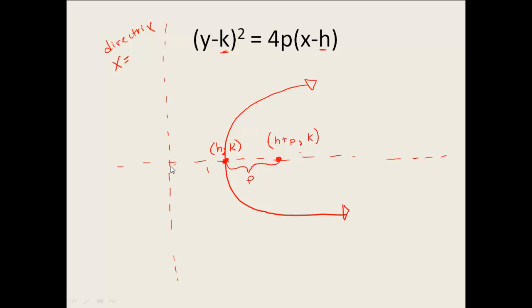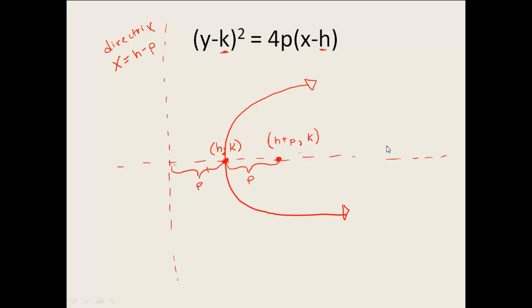Well, if you look at your definition of the directrix, it is also p units away from your vertex. So instead of going over h, I have to go over h but then subtract p back off of it. So for my directrix, it's going to be h minus p to figure out where the directrix is at.